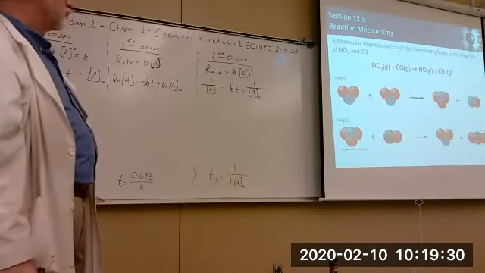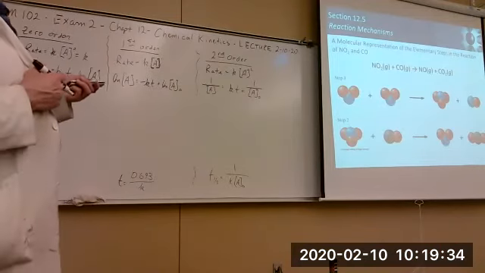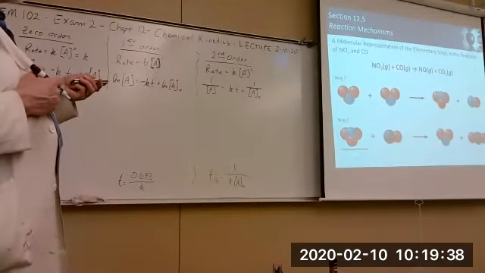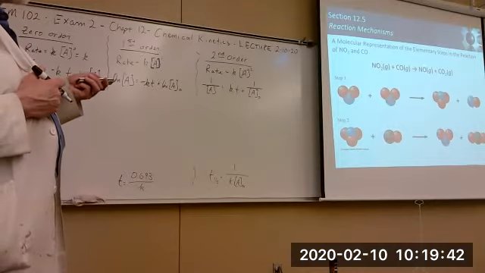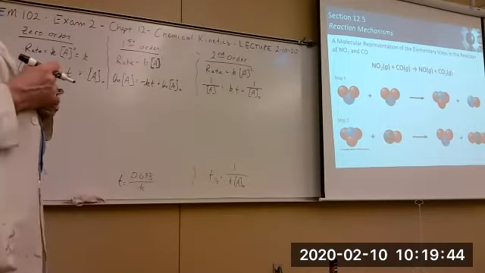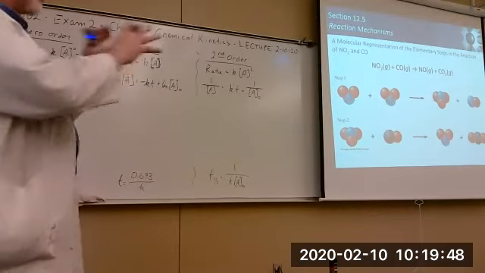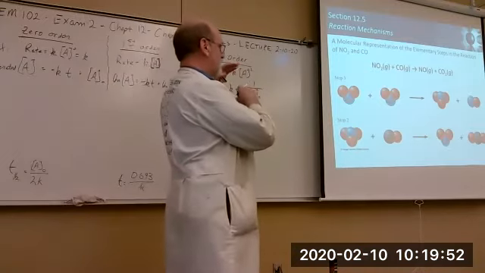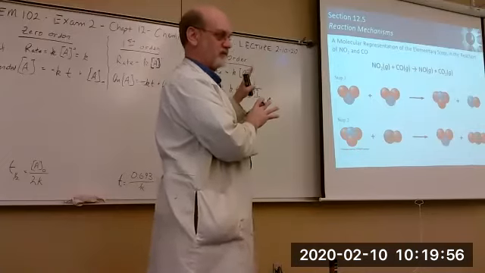So here's an example. Say we're going to react nitrogen dioxide, but this time with carbon monoxide. And that gives us nitrogen monoxide and carbon dioxide. So this has actually been determined. This is the best series of elementary steps for this reaction.